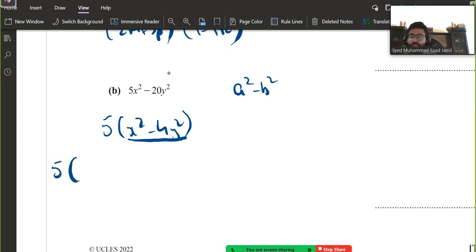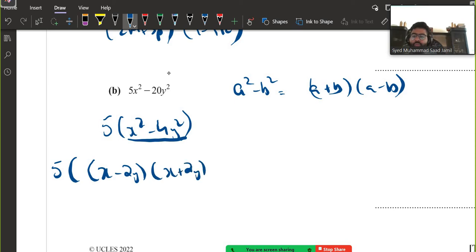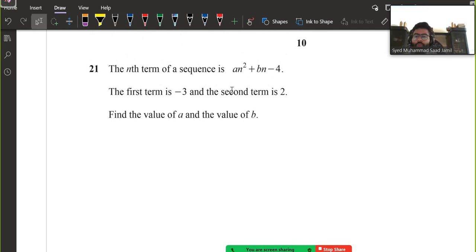So 5, it will become x, this becomes a plus b and a minus b. So this becomes x minus 2y bracket x plus 2y, and hence you're done.